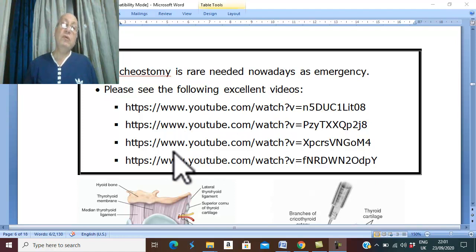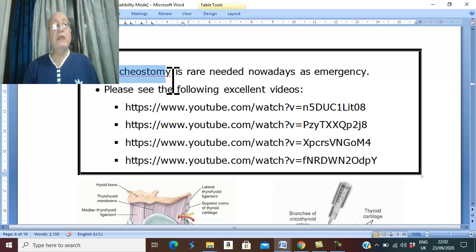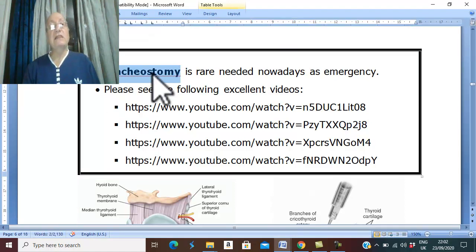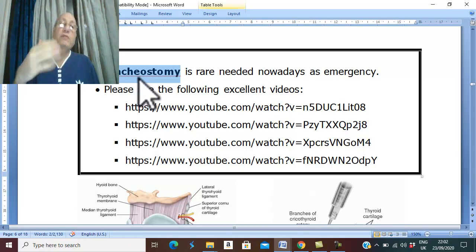We all know a technique called tracheostomy. Tracheostomy nowadays is not done in emergency. It is done as an elective operation if respiratory obstruction is prolonged for more than 10 days. We do tracheostomy.